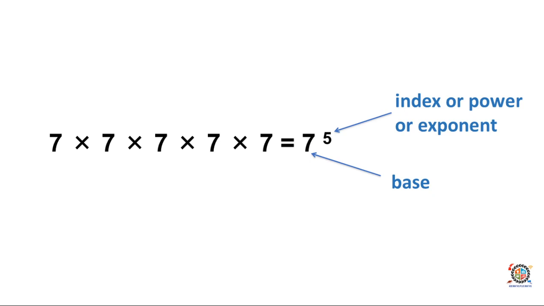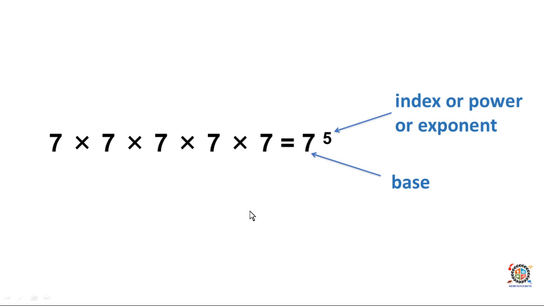For example, the number that you are seeing now on your screen says 7 times 7 times 7 times 7 times 7, or as I will say it, you multiply 7 5 times to itself. So when you multiply 7 5 times to itself, you can write this as 7 to the power of 5.